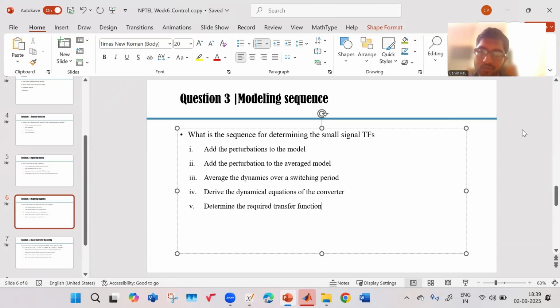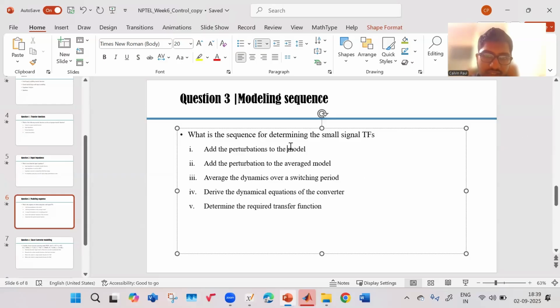Okay, so Sir, derive the dynamical equations. Then we can average the dynamics over a switching period. Yes. And then we can add perturbation. Yeah. But there are two options.